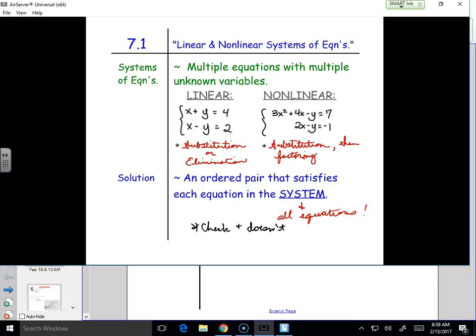Extraneous. If you go to check and the solution doesn't work, oh my goodness. Remember, those are called extraneous, meaning somehow in the process you ignored a restriction, not on purpose, like with a square root or with an ln or something similar.